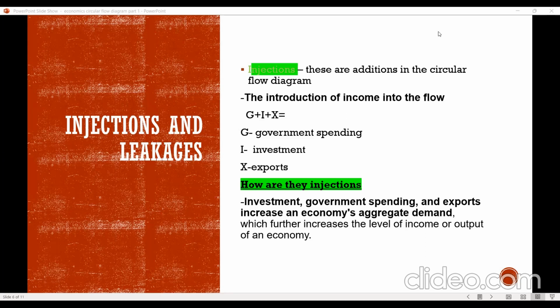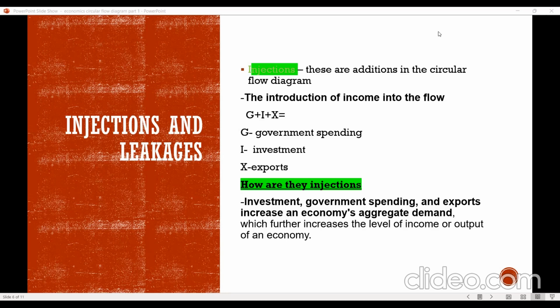When funds are added to an economy not from the business and not from the household, it is regarded as an injection. The main sources of injections into the circular flow diagram are government spending, investment, and exports.